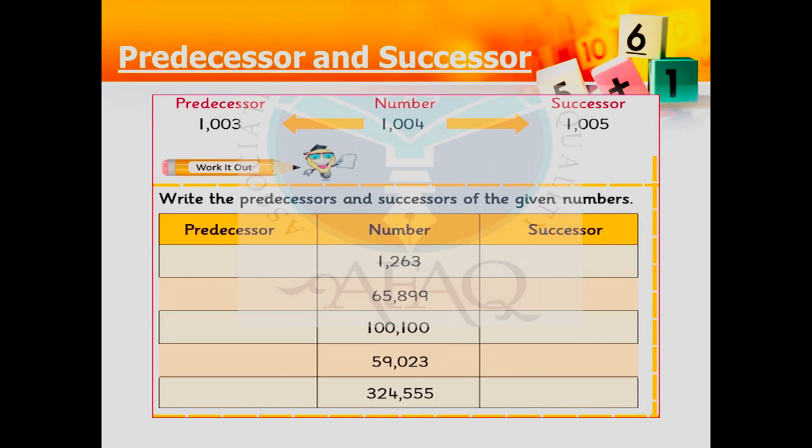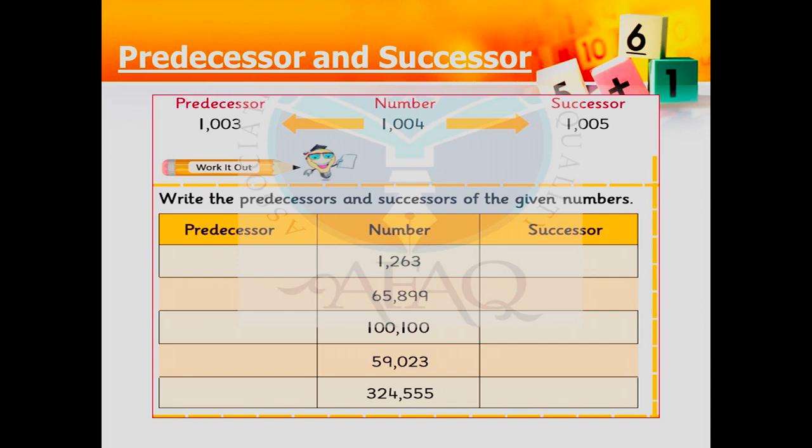Then we have 324,555. When we subtract 1 from 324,555, we will get 324,554, which is the predecessor of this number.